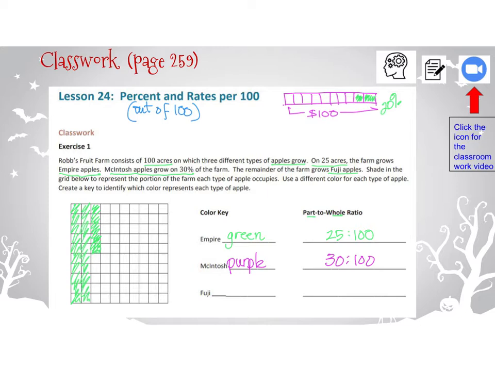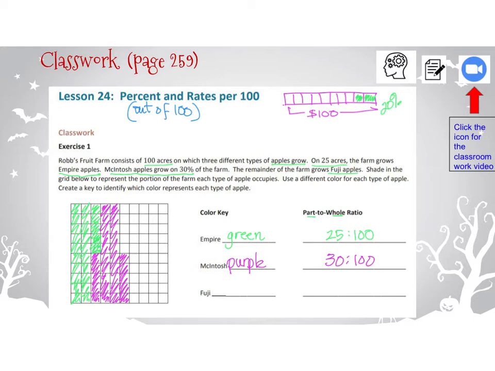So for 30, I'm going to do 5, and then here's a 10, so there's 15, and here's another 10. So there I have 25. I need another 5. So those parts make 10, 20, 30.